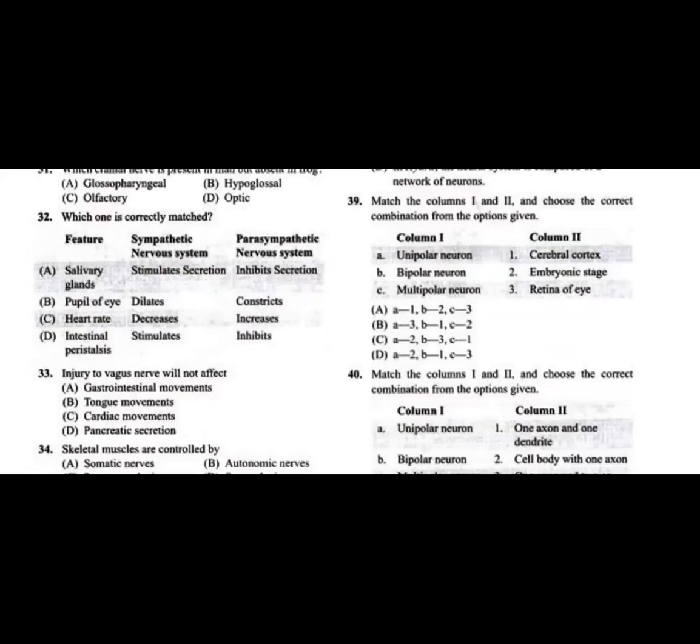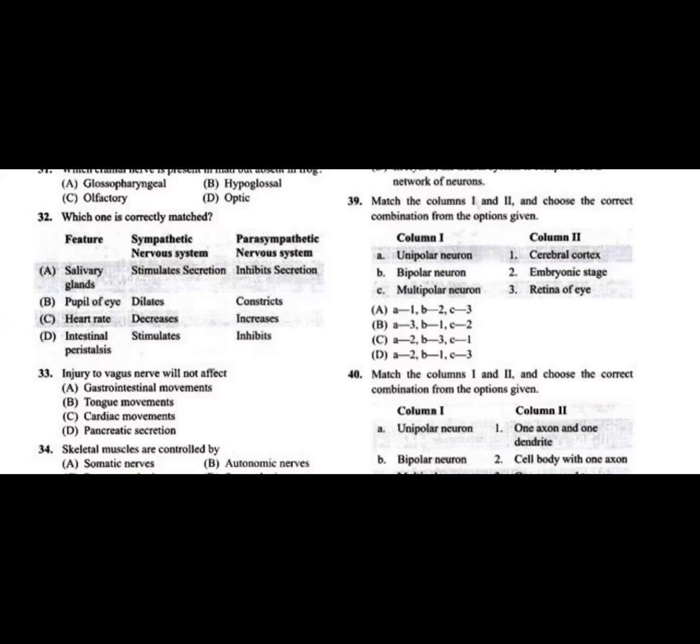Question number 39, match columns 1 and 2 and choose the correct combination from the options given. Column 1 is unipolar neuron. What is a unipolar neuron? It has only one axon, no dendrite at all, found in the embryonic stage.